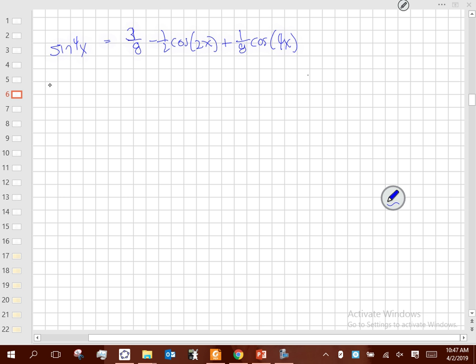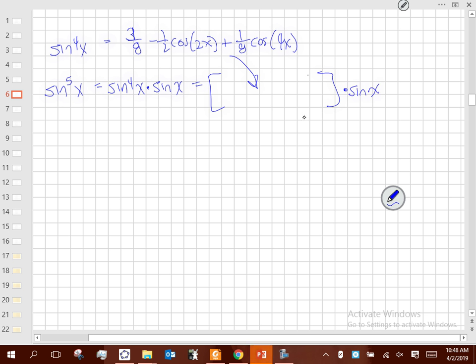So what if they asked me to find sine to the 5th of x? Is that the same thing as sine to the 4th of x times sine to the 1st of x? And I know sine to the 4th is that, right? Can I just multiply by sine x?